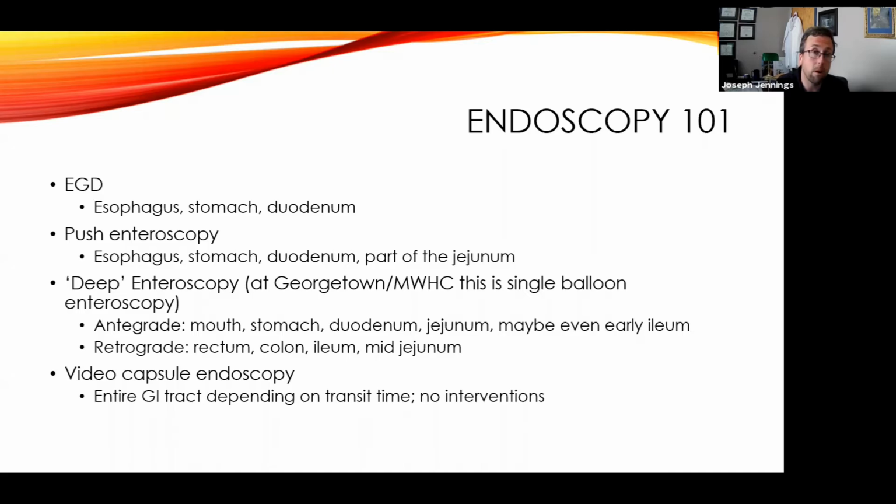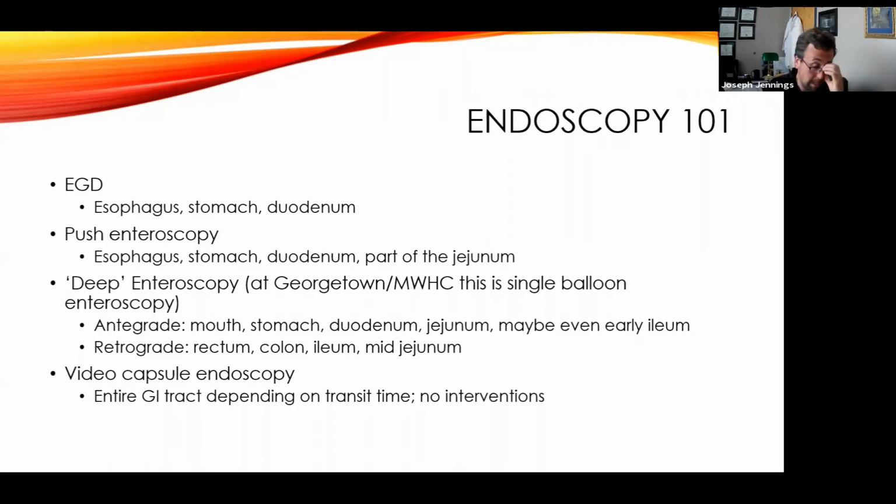But there are no landmarks after you get past the ampulla until you get to the ileocecal valve, so everything will look the same in the small intestine. That's a rough estimation, but you're dealing with at least 50 to 60 more centimeters of scope to push gently into the small intestines as compared to the standard EGD.